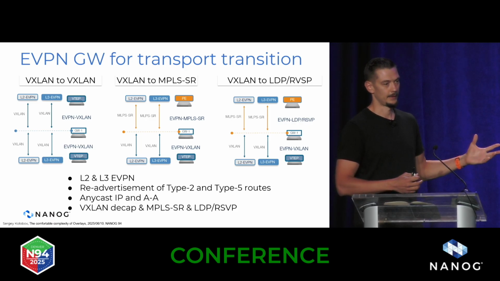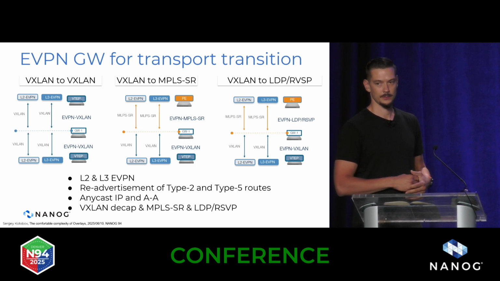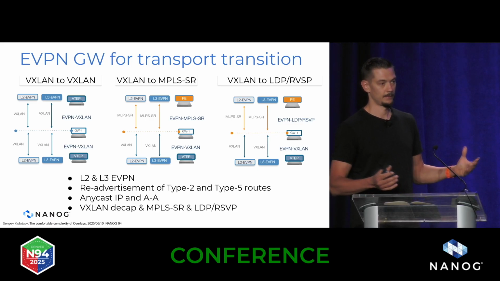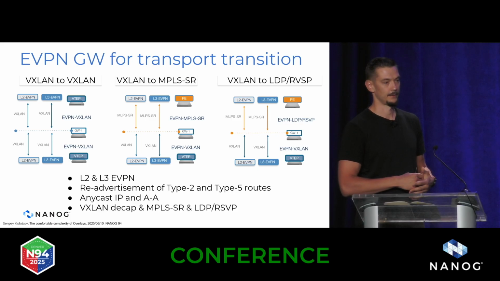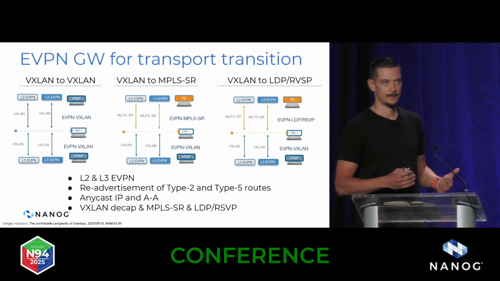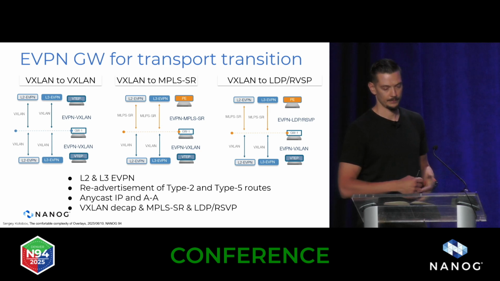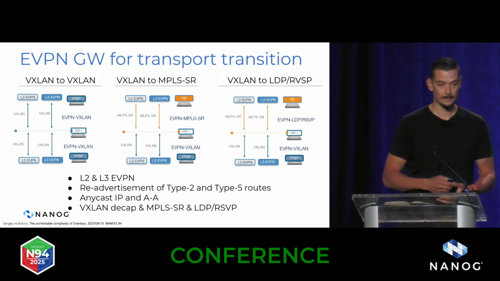And the gateway functionality allows us to provide L2, L3 EVPN services over the L3 underlay, which means we can scale, we can interop, we can re-advertise route types between different domains, irrespective of the underlay transport. And we can rely either on anycast IP or active-active options for multi-homing.